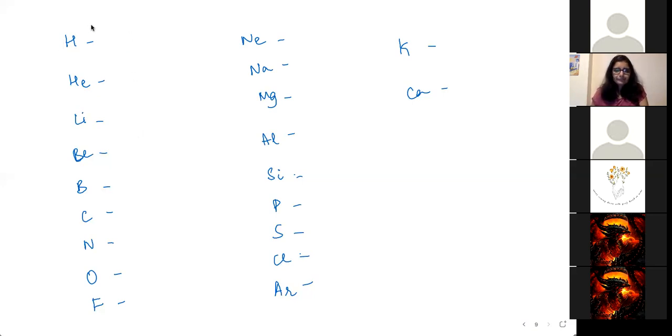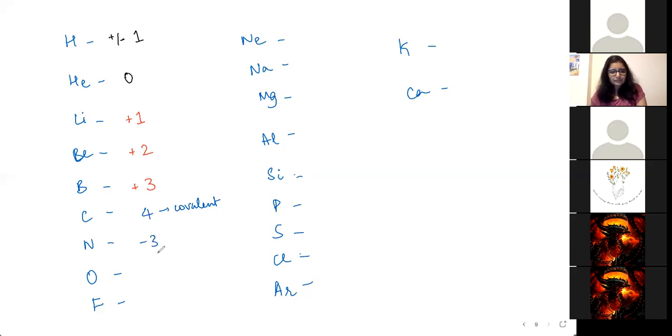Okay. Hydrogen can form either plus or minus 1. Helium is 0. Lithium always forms +1. Beryllium is +2. Boron is +3. Carbon is 4. Carbon is always capable of only covalent bonds.